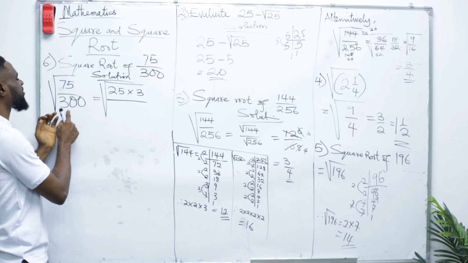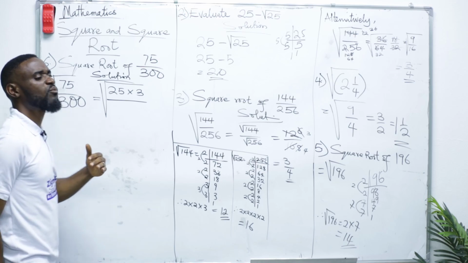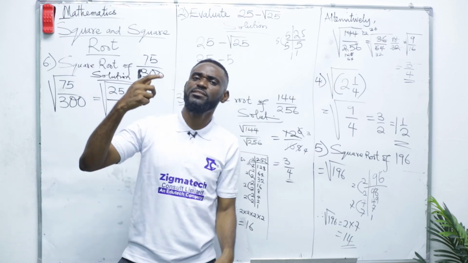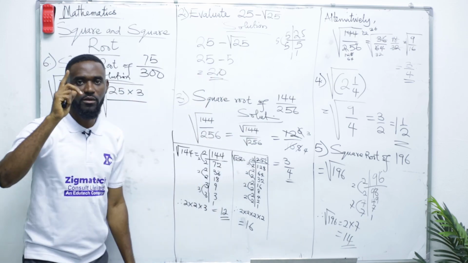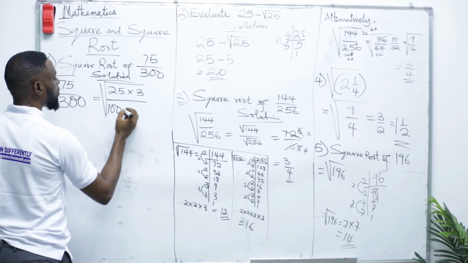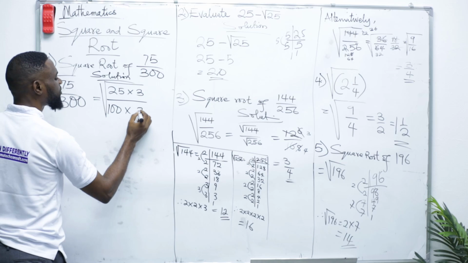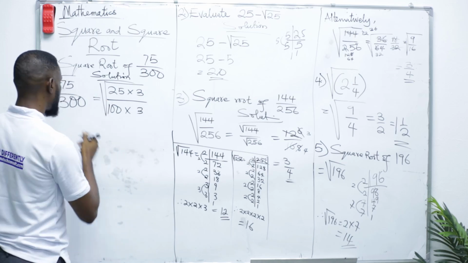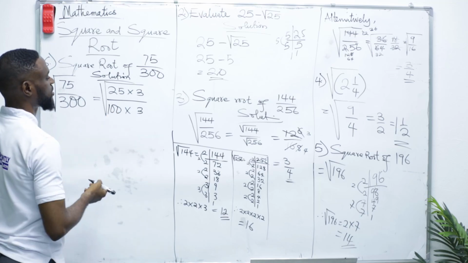So for 300, which perfect square can we multiply with any number to give us 300? 100 is a perfect square. So we say 100 multiplied by 3 also, right, to give us 300, because 100 times 3 is 300, right?